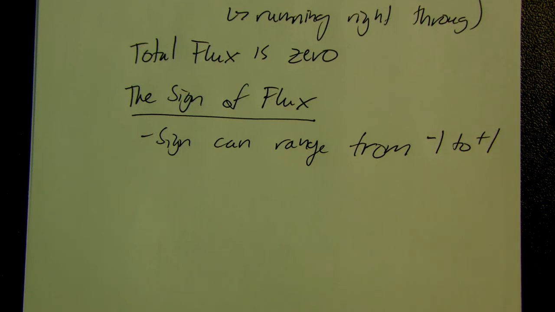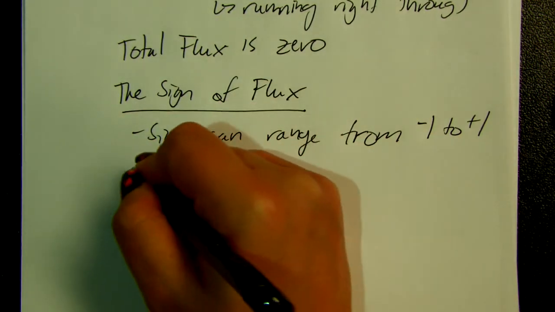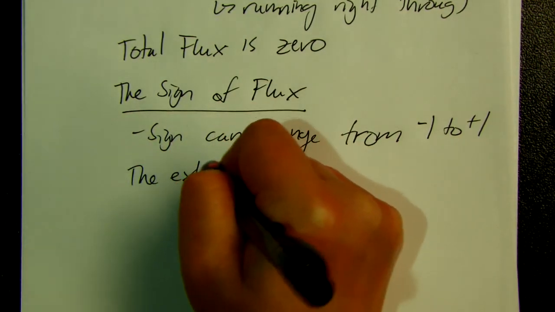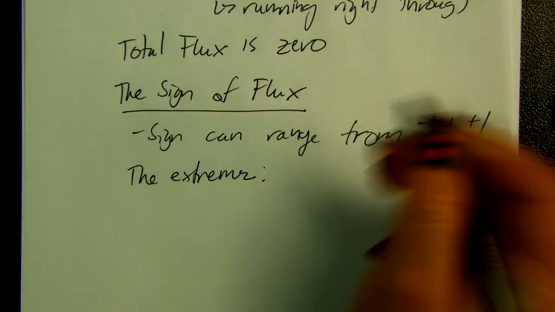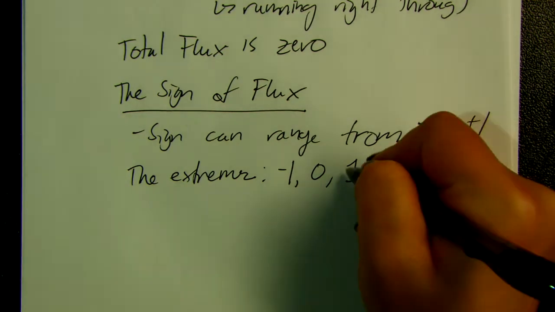Oh, something else ranges from -1 to +1. Oh, wonder if it's going to come into play later. I don't know. So the extremes, of course it's going to come into play later, would be -1, 0, and +1.